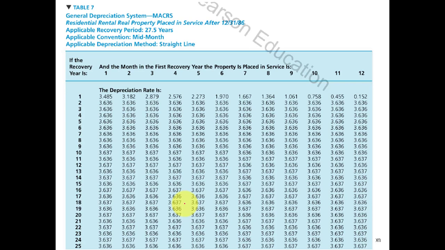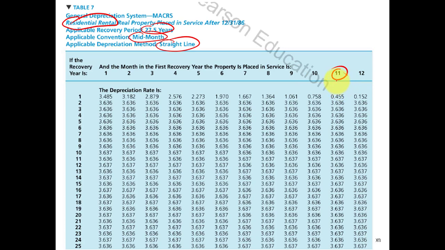Here is a depreciation table for residential rental using this 27.5 year life with a mid-month convention straight line calculation. And this 12 represents the different months of the year you bought the asset. So let's say you bought something in our current month of November.